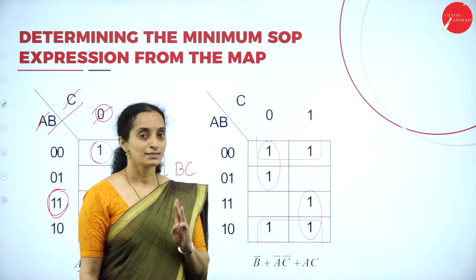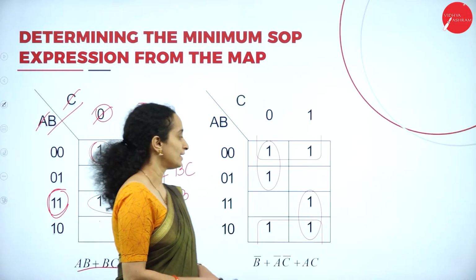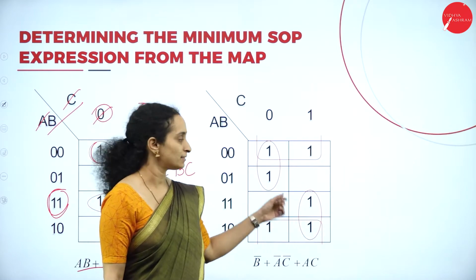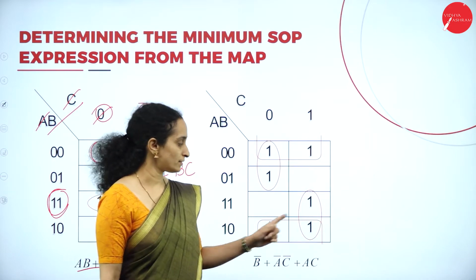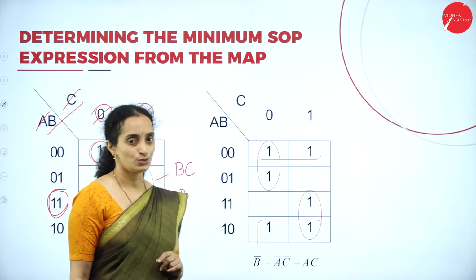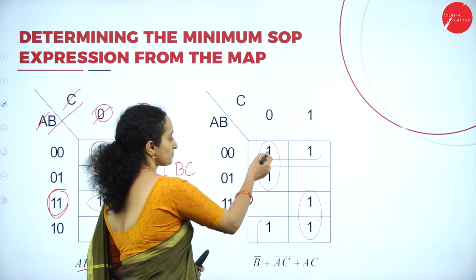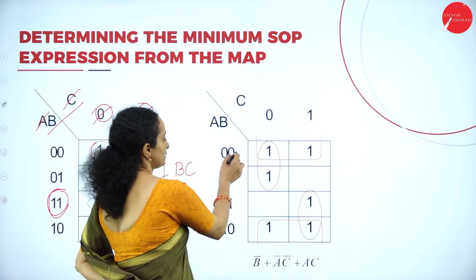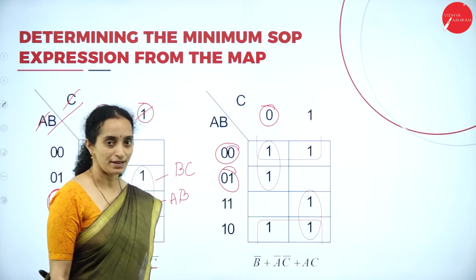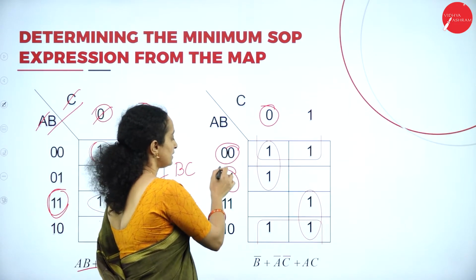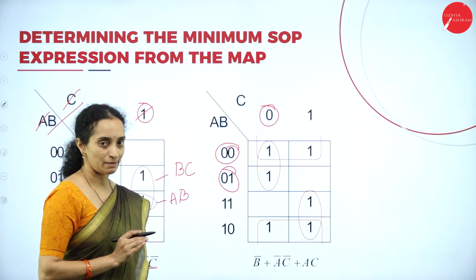Now we have three groups. In these three groups, one group has 2 ones, one group has 4 ones, and one group again has 2 ones. Now if you check this group with these variables, you have A and B in the same state.